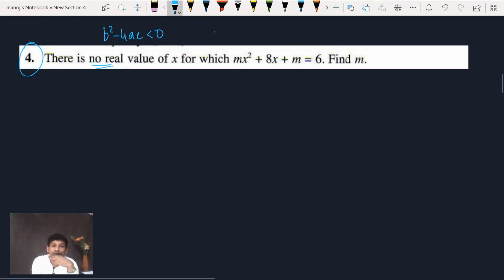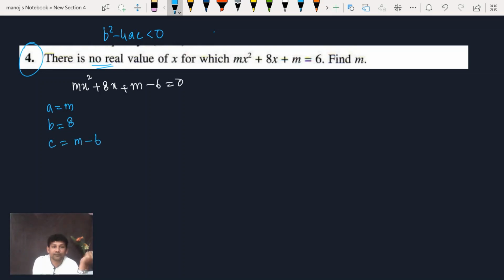Now moving to the question, we have to write it in quadratic form first of all: mx squared plus 8x plus m minus 6 equals 0. The value of a is m, b is 8, and c is m minus 6. Okay, we're putting the values here.